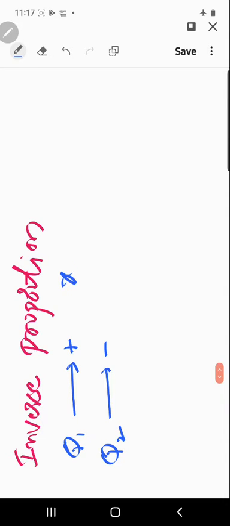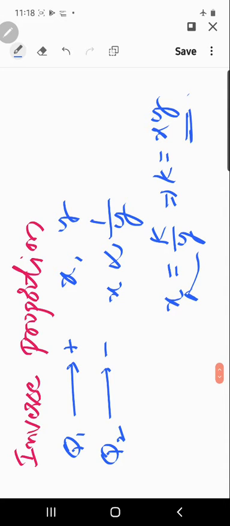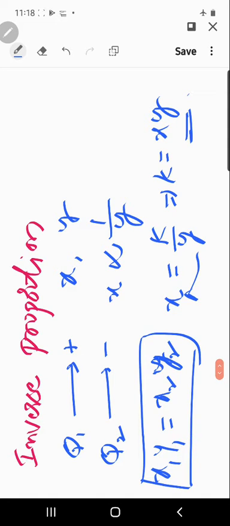For example, if x and y are two quantities in inverse proportion, how can we write it? x is directly proportional to 1 by y. And if we take a constant, we can write k by y. Then k is equal to x into y. By using this we can write a formula: x1 into y1 is equal to x2 into y2. This is the formula we use for inverse proportion.